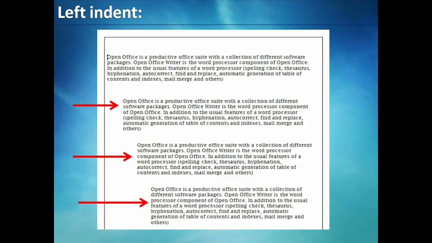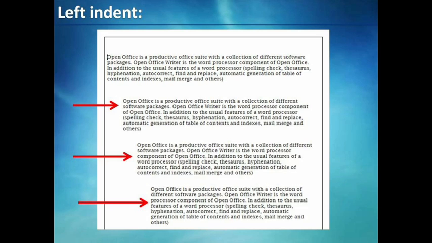See this picture. This picture consists of 4 paragraphs. The first paragraph starts at the left border. When we click the left indent icon, that is the increase indent icon, one time, it automatically moves half inch away from the left margin.